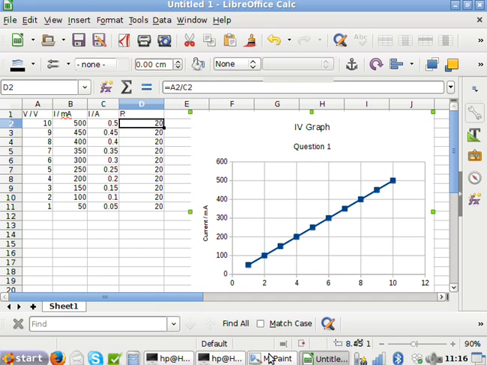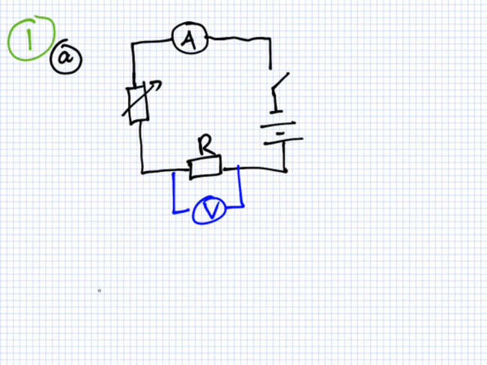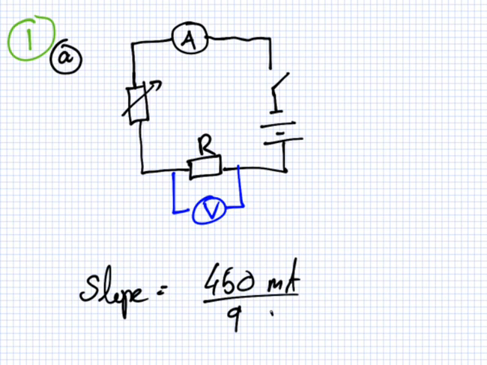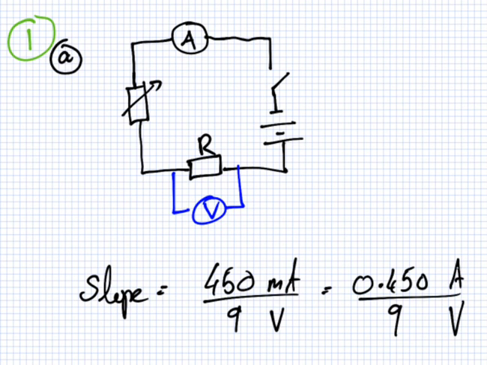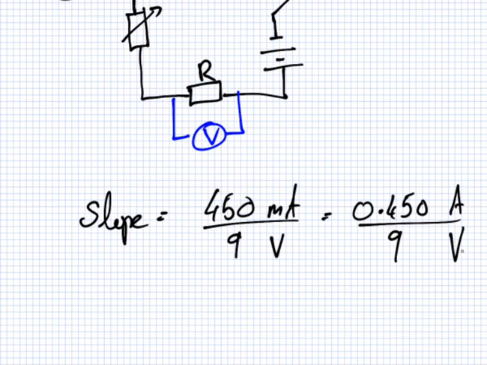Is that okay? Right, lastly, what is the slope? The way you can calculate the slope, can we look up please? This is like the velocity time graphs we did. What did the slope represent on those graphs? Acceleration.